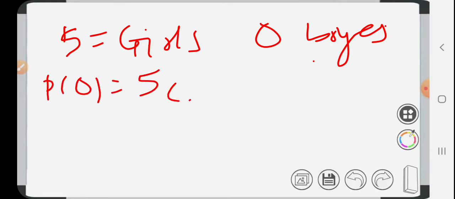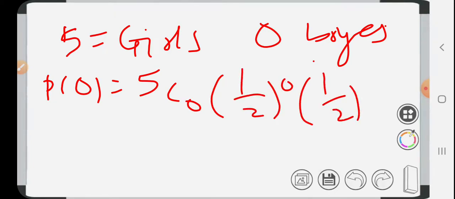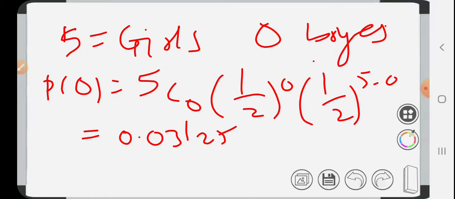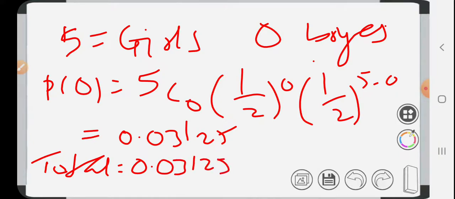So 5C0, 1 by 2 raised to 0 into 1 by 2 raised to 5 minus 0. Do the calculation, you will get the answer 0.03125. Multiply it by 800. Total families is equal to 0.03125 into 800. So you will get 25. Just a calculation, nothing more. So 25 families are there.